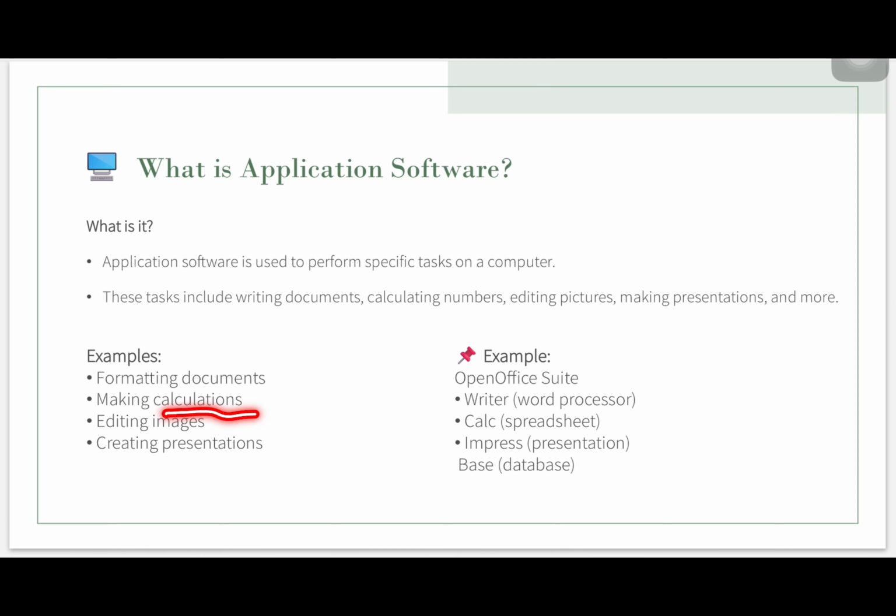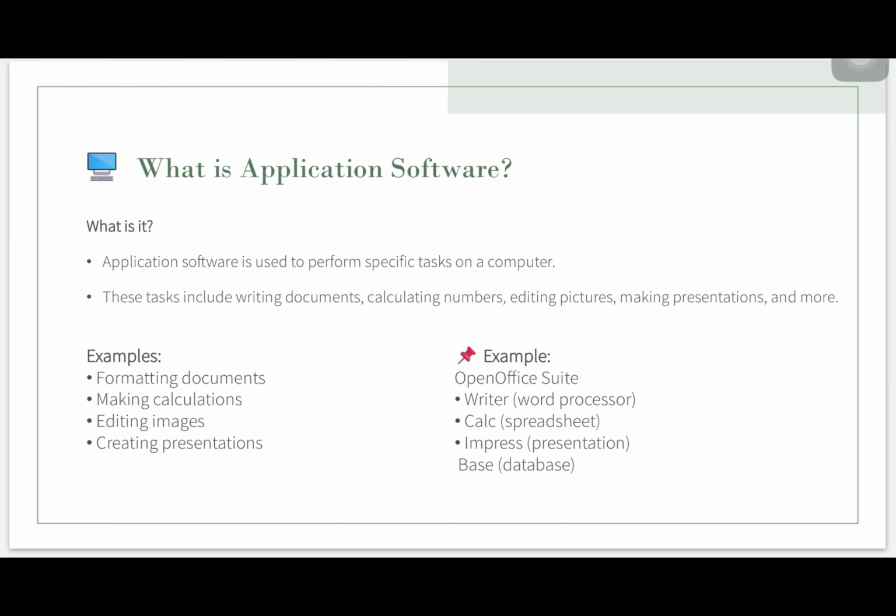To make calculations, MS Excel, otherwise OpenOffice Calc, or as web application Google Sheets. To edit images, for example, GIMP, Photoshop, Adobe. For presentation we use Google Slides, web application. In PC, OpenOffice application is OpenOffice Impress and Microsoft is Microsoft PowerPoint.